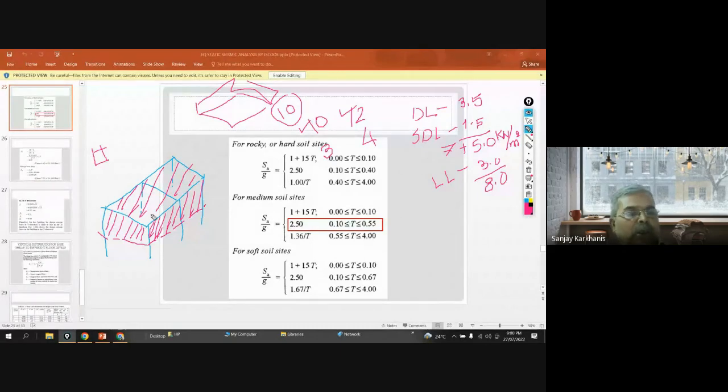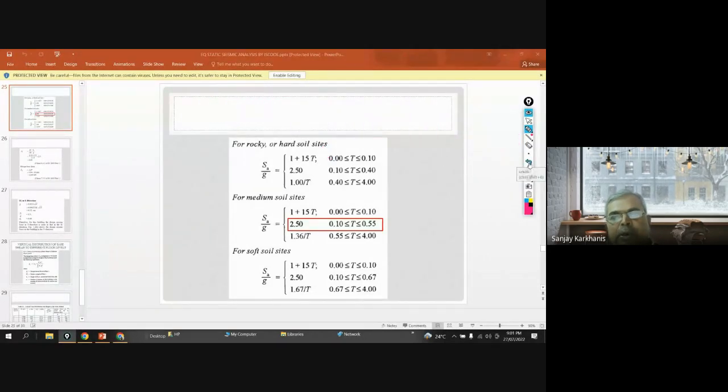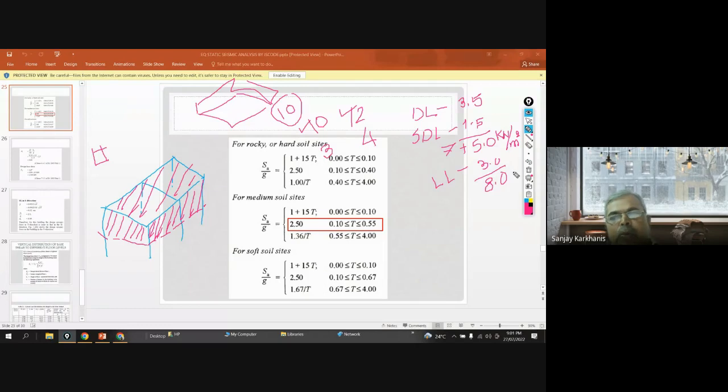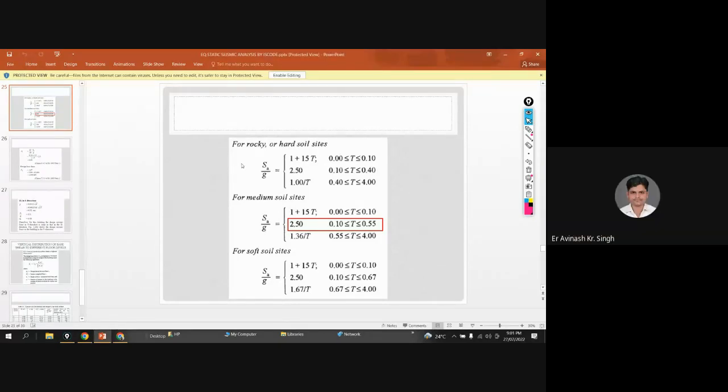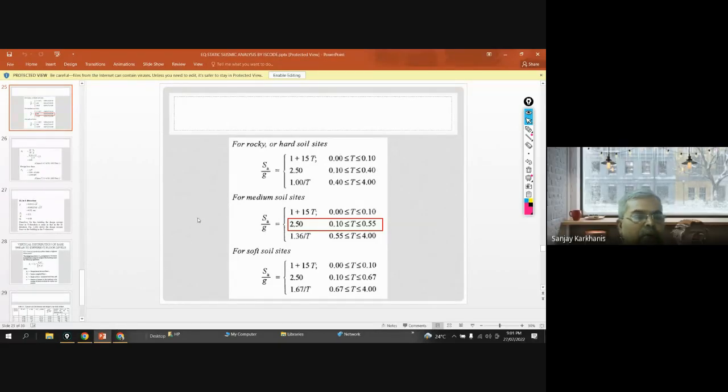But in actual case, you will have to find out this properly, because that will differ from building to building, right? But for understanding, here we are not focusing on calculation of weight.